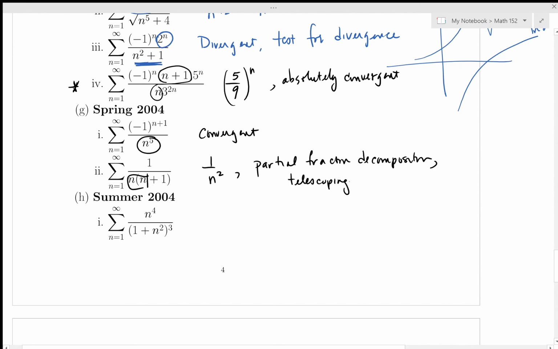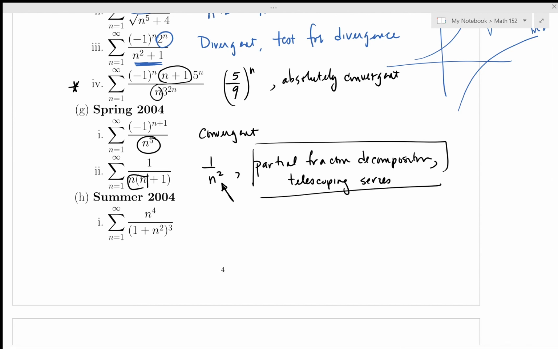No, I would not, because this is going to take me way longer than it is for me to compare with 1 over n squared, which I know converges. Similarly here, I'm looking at something that looks effectively like n to the 4 over n to the 6th, which is 1 over n squared. So I would compare with 1 over n squared and determine that it converges.